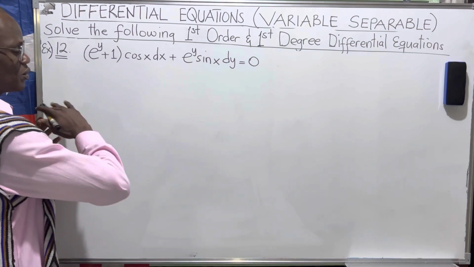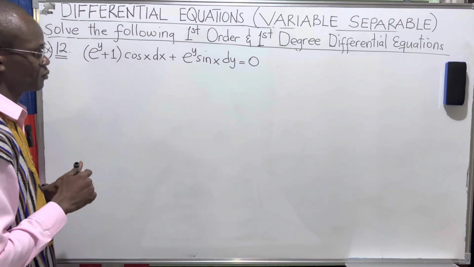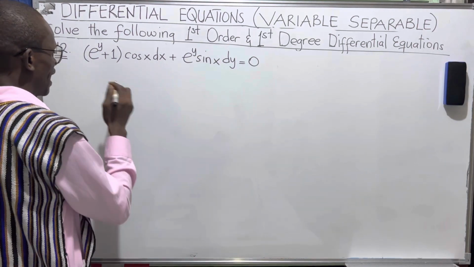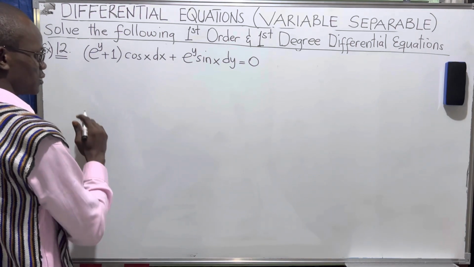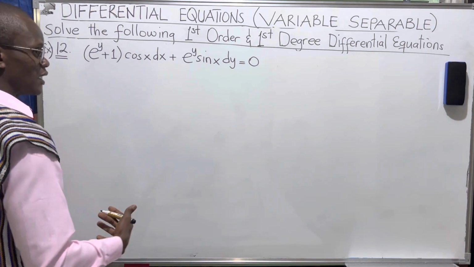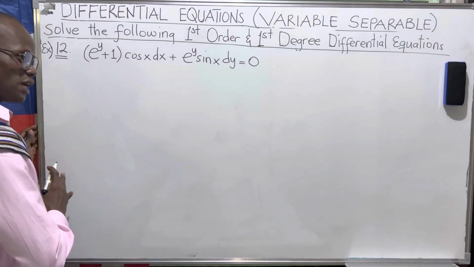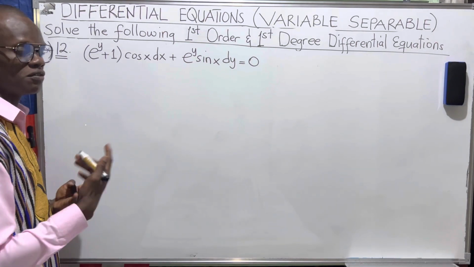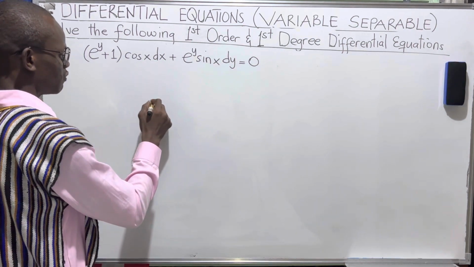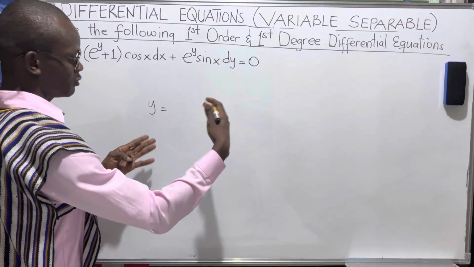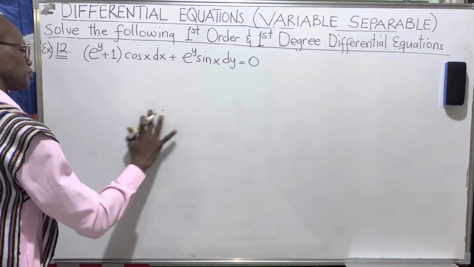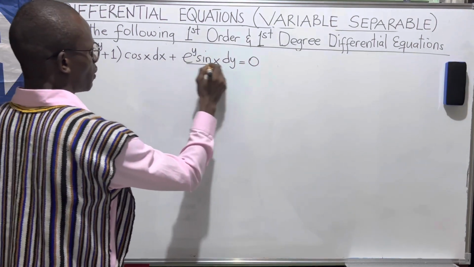So whatever side you want to put x or y, it doesn't matter. I will prefer putting y on the left hand side so that if it's possible to solve for y at the end of the solution, I can easily solve for y on the left and just have it like the conventional style where you have a function in the form y equals to a function of x.